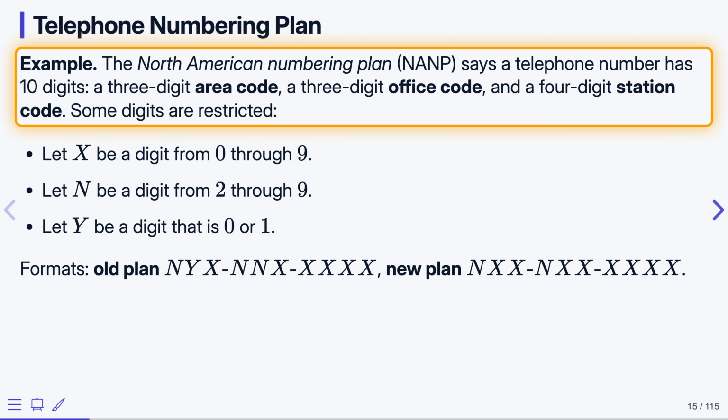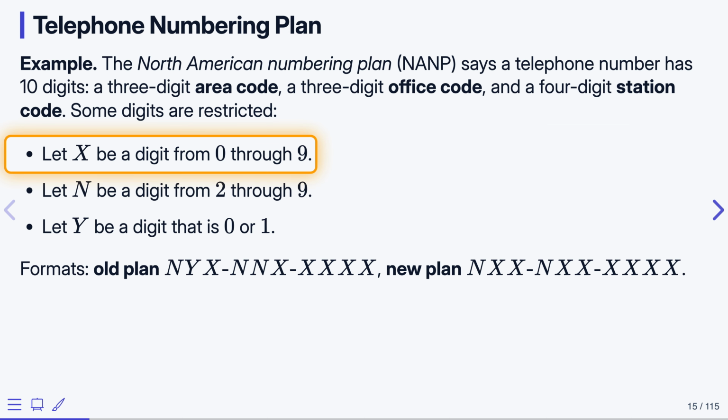Now a real example, the North American numbering plan. A phone number has 10 digits. It has a 3-digit area code, a 3-digit office code, and a 4-digit station code. Some positions are restricted. Let big X be any digit from 0 through 9, so 10 choices.